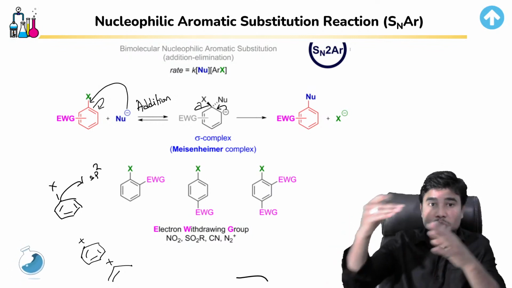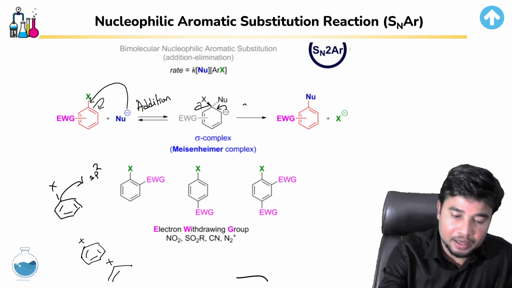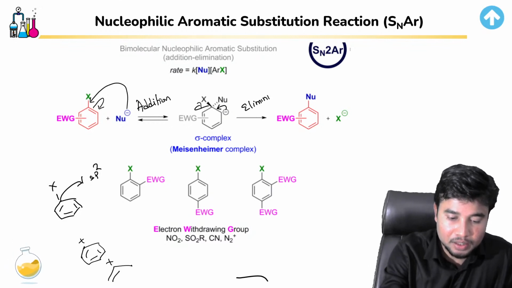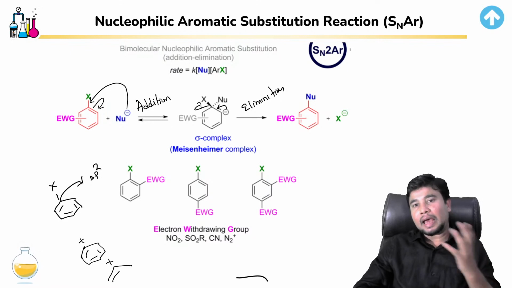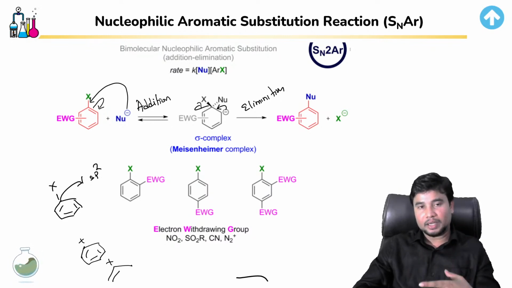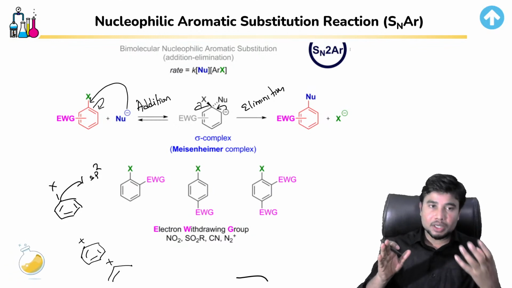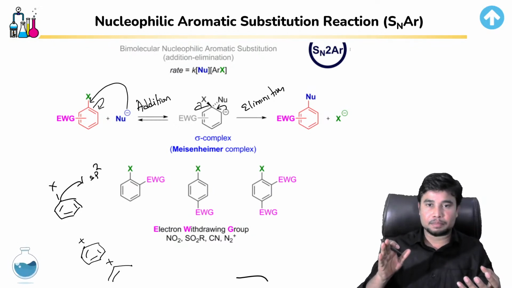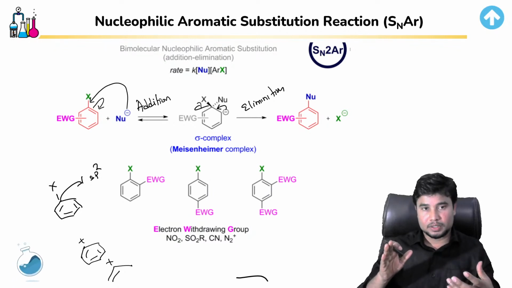And then with the electron pair coming back, the halogen leaving, what is happening? Elimination, right? So what does this mechanism become? Addition-elimination mechanism, right? It is a very simple type of mechanism where initially addition of a nucleophile happens and then removal of the leaving group occurs.